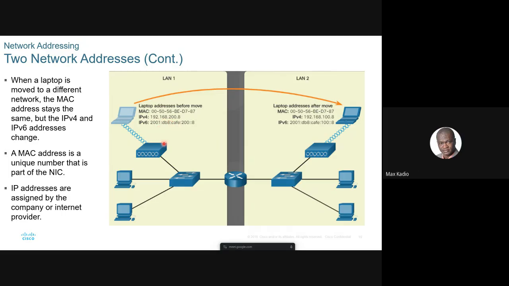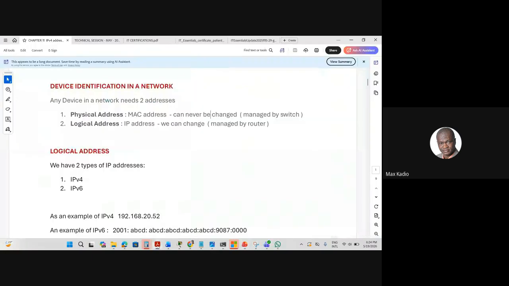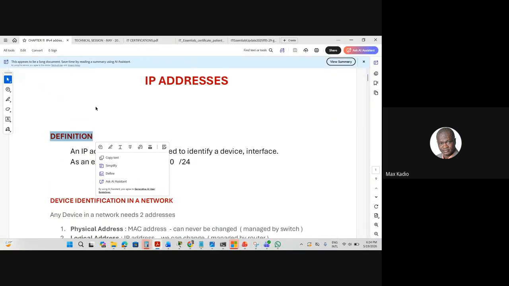Okay. Very good question. So the difference is you cannot get the same student number, you and your neighbor. A student number is unique, or a passport number is unique, to identify you. Remember what we did? Definition of IP address.